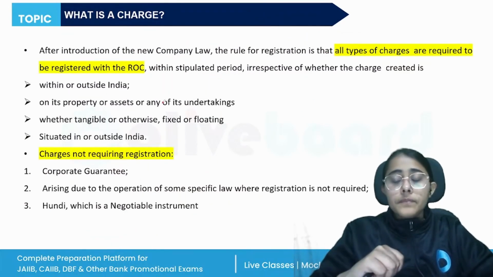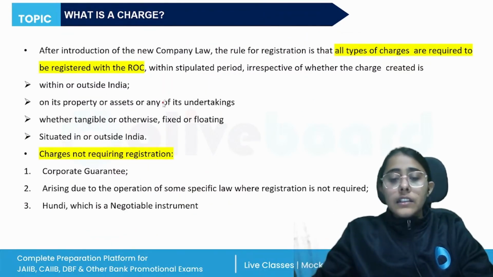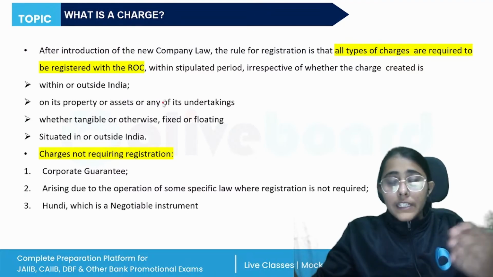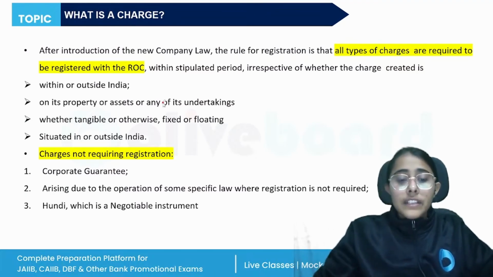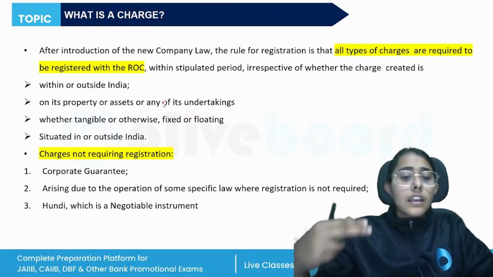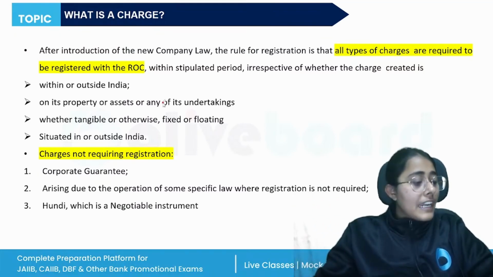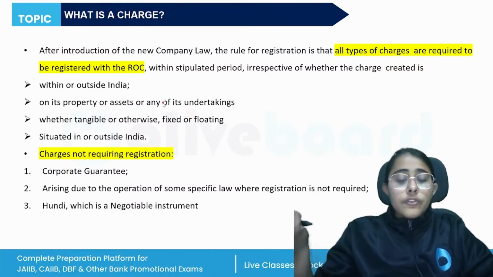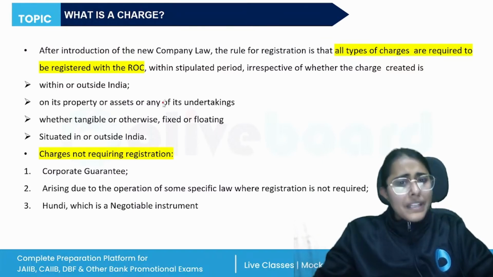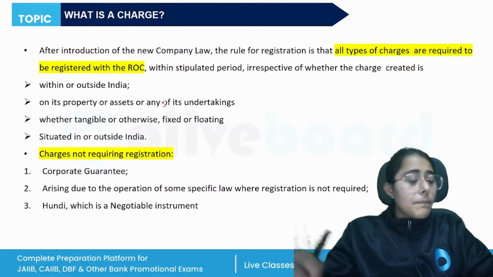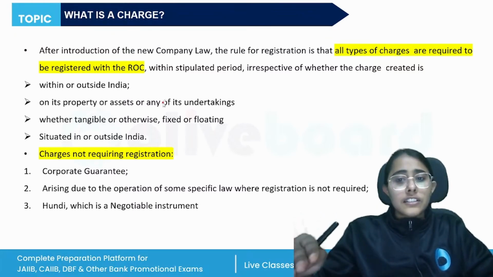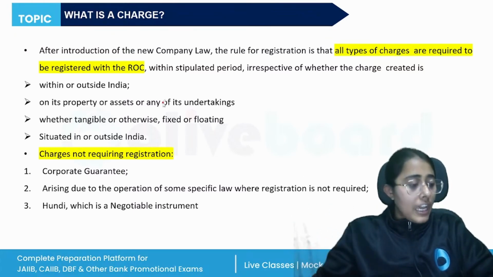Earlier, under the earlier company law, certain charges were mentioned that had to be filed with the ROC, like a charge for the purpose of securing any issue of debentures, or the share capital or book debts of the company. The 1956 Companies Act said that not all charges were required to be filed with the ROC.